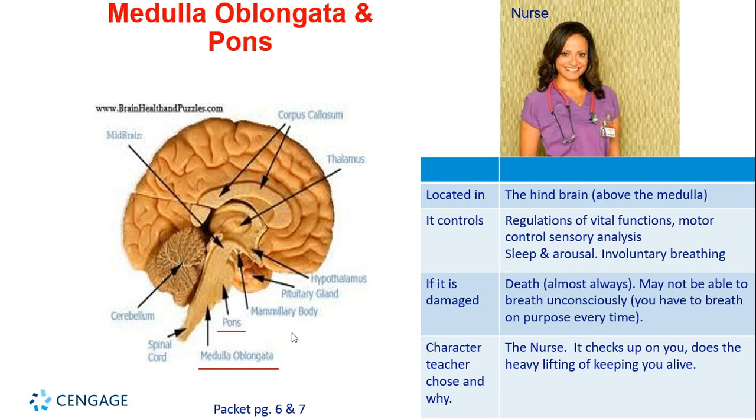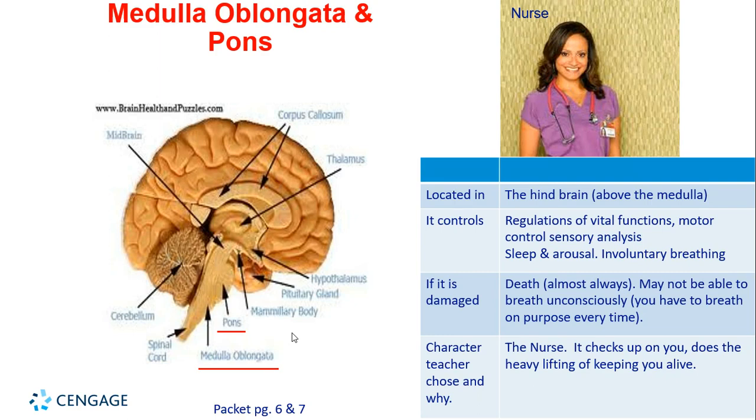For example, you might become unable to breathe unconsciously. So now every single time you breathe, you have to think about it. There's never going to be a time when you're not thinking about it and you're just breathing automatically. Your pons controls that, and without your pons working correctly, all of a sudden you can't do that anymore.